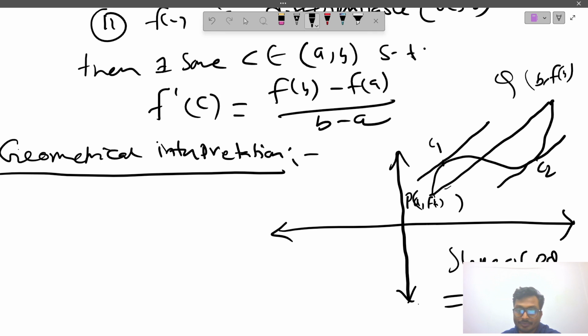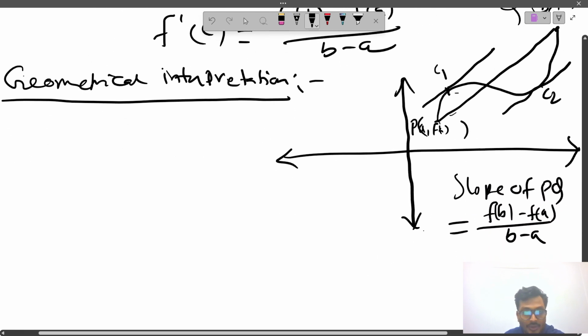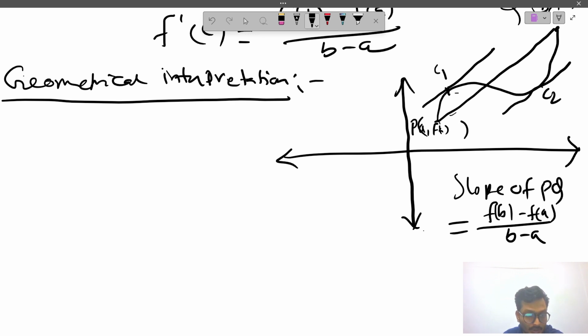So that tangent is parallel to the line PQ. This will be the geometrical interpretation for Lagrange's theorem.